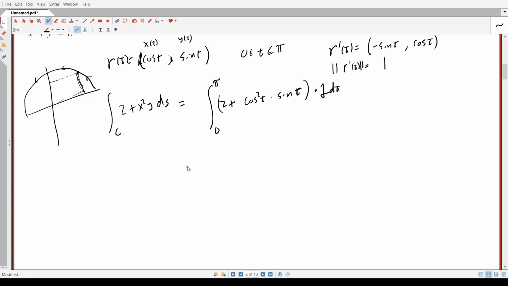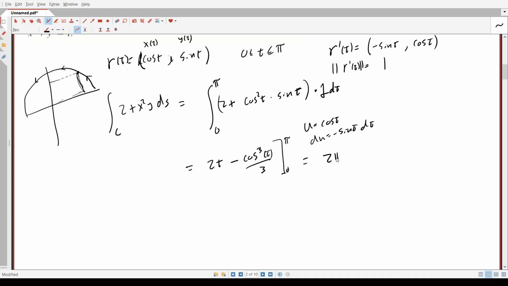So I integrate this real quick, and I get 2t. Set u equals cosine t, du equals negative sine t dt. So that's going to be minus cosine cubed over 3 from 0 to pi.